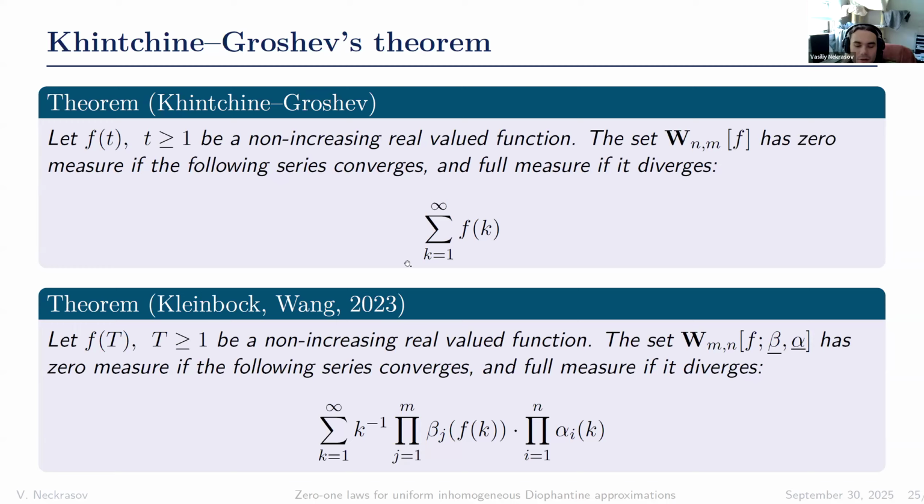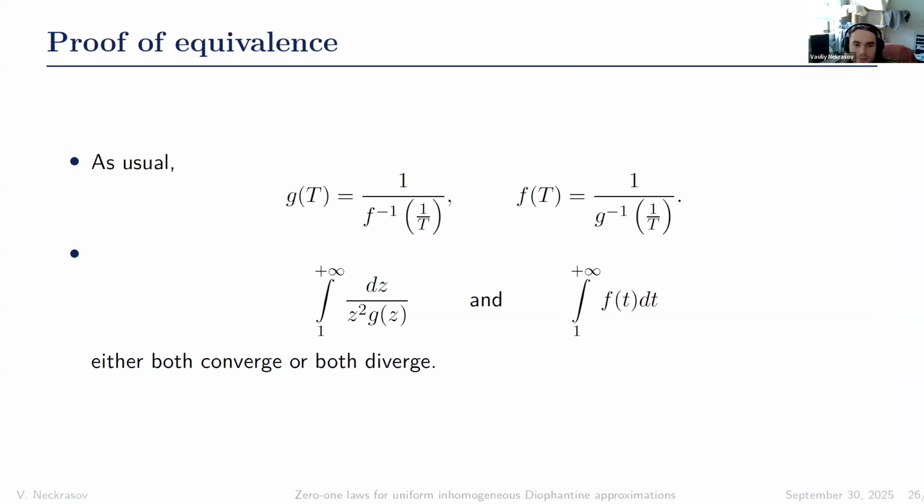Now, our goal is to use our twisted uniform approximation theorems to prove that the Khinchin-Groshev theorem and the inhomogeneous Dirichlet theorem are equivalent. One implies the other. What we have to notice for this, the main observation, is basically that these two integrals converge or diverge at the same time, where f and g are related as they are always related.